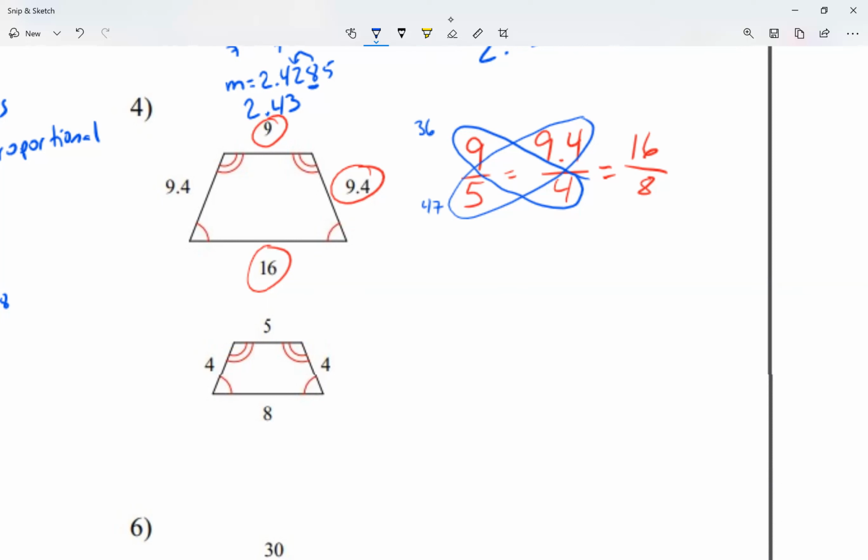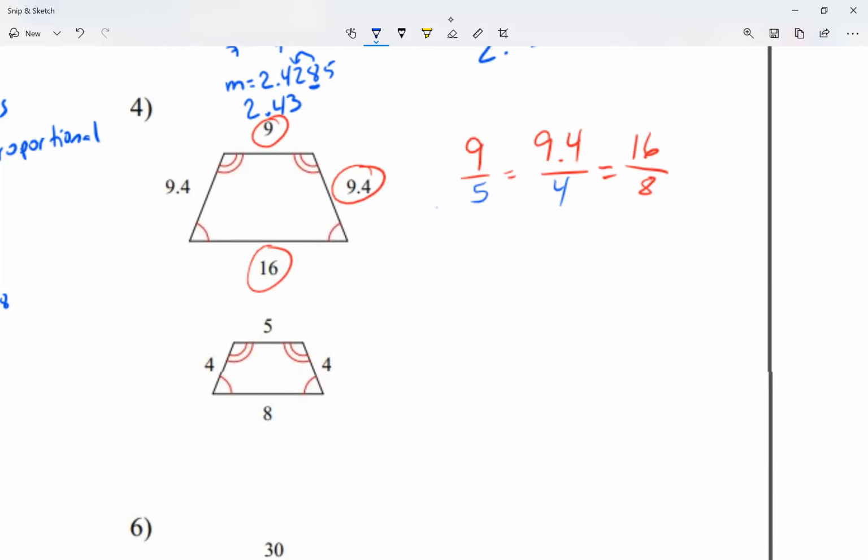I don't need to check the third fraction, because as soon as two fractions are not proportional, we're done. Oh, wait a minute, I didn't put them in order. Remember how I said I had to go in order from small to large? No, I actually did it right. The 9 went with the 5 and the 9.4 goes with the 4.